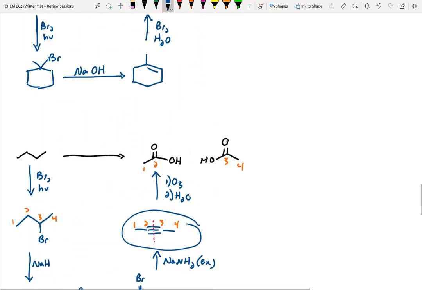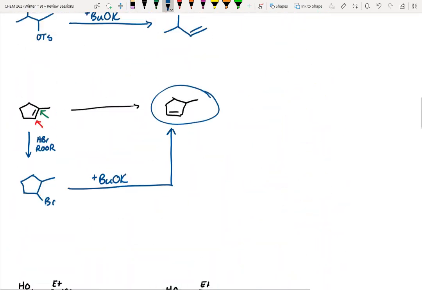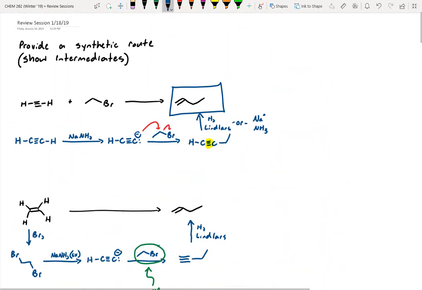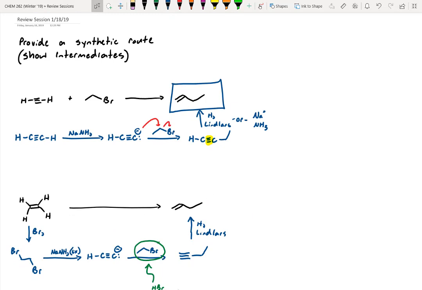So kind of like these first reactions that we looked at, we gained carbons, we had an alkyne, we made an acetylide ion, and then we reacted it with an alkyl halide. That's our only method at this point in the year for adding carbons in. So that gives you a big clue when you're working through synthesis problems. Does that make sense?